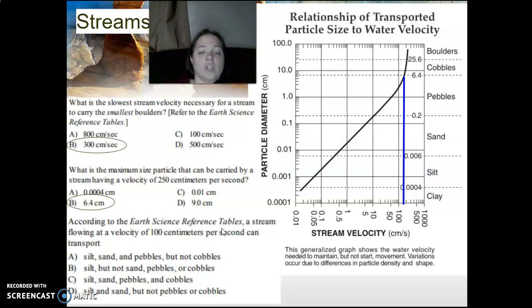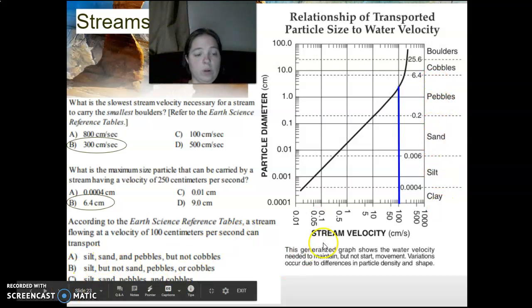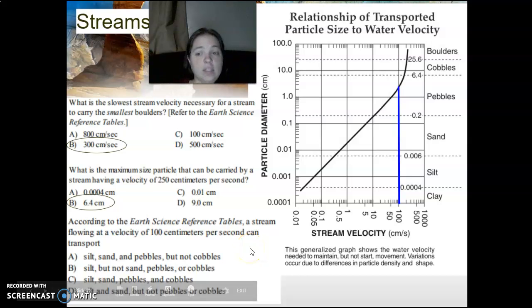All right, according to the Earth Science Reference Table, a stream flowing at a velocity of 100 centimeters per second can transport, well, let's look at the 100 line. It can transport pebbles, sand, silt, clay. Let's see which one has pebbles, sand, silt, clay. Silt, sand, pebbles, but not cobbles. Guess what? I don't have to look any further because that's the answer.